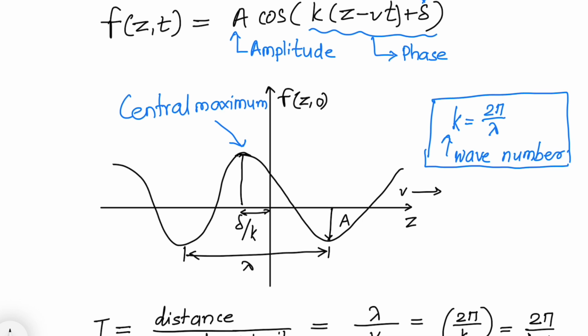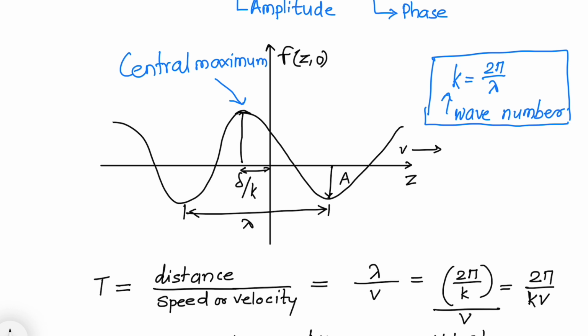If we try to see this sinusoidal wave graphically, here we can see on the x-axis we have z, the direction of propagation, which in this case is the positive z-axis, and the y-axis is the amplitude of the wave. If we look carefully, here k is 2π/λ, which is called the wave number.